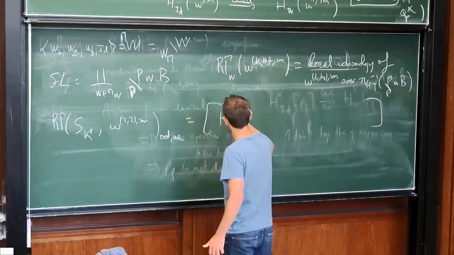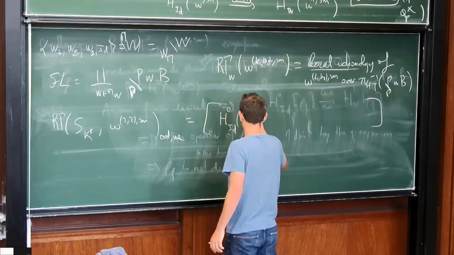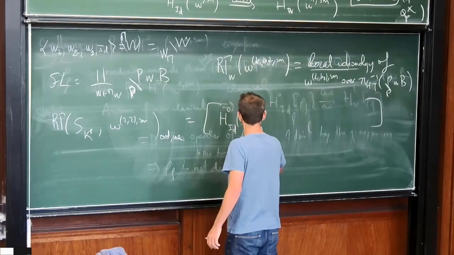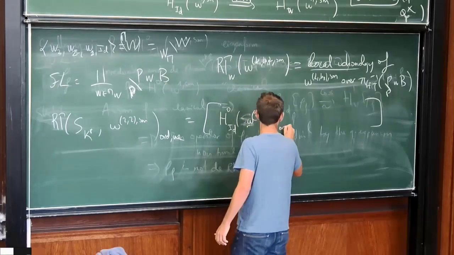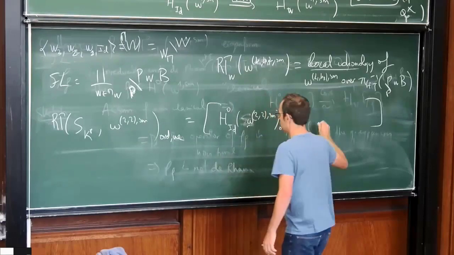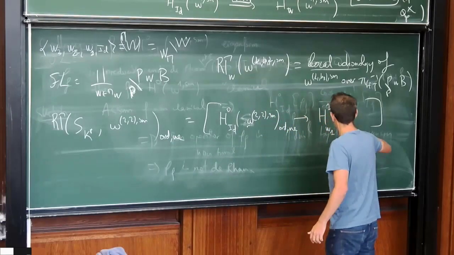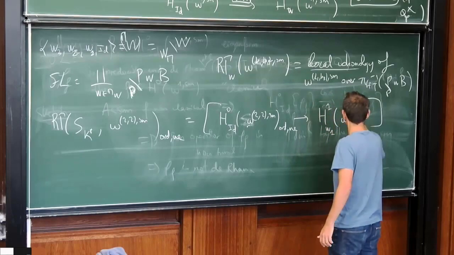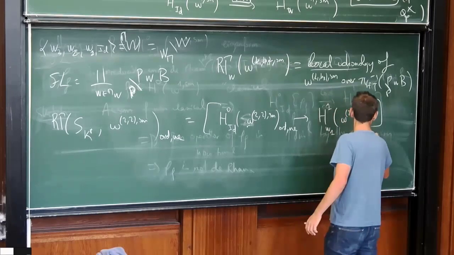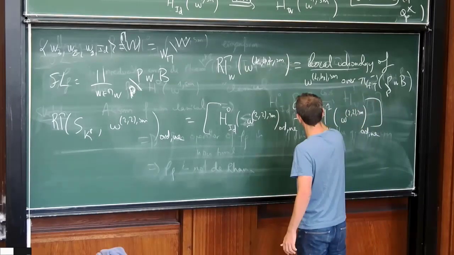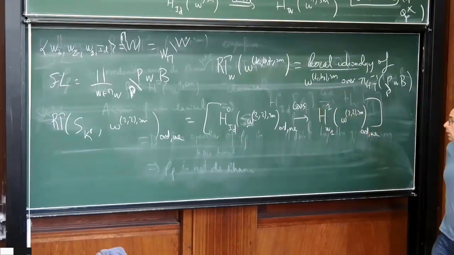Namely, this is represented by this complex, and that's what we call a Cousin complex, and this differential, let's call it Cousin.